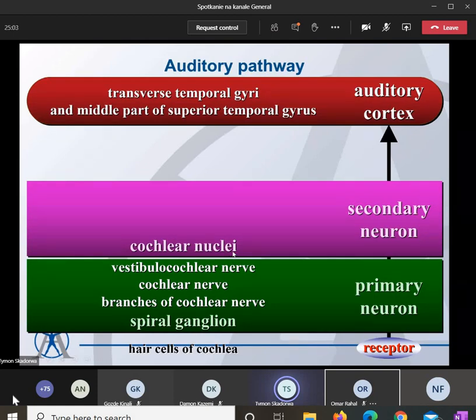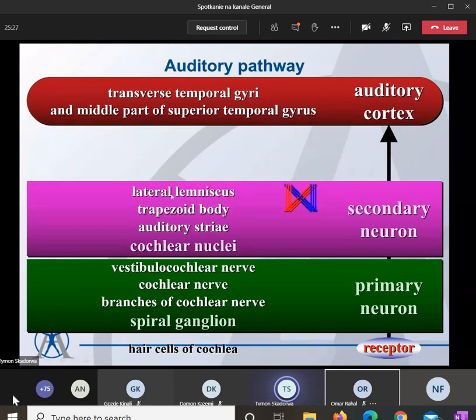Now, cochlear nuclei form the auditory stria. So this is the continuation of the secondary neuron, the auditory stria. And the auditory stria form the trapezoid body, another structure of the internal organization of the brainstem.